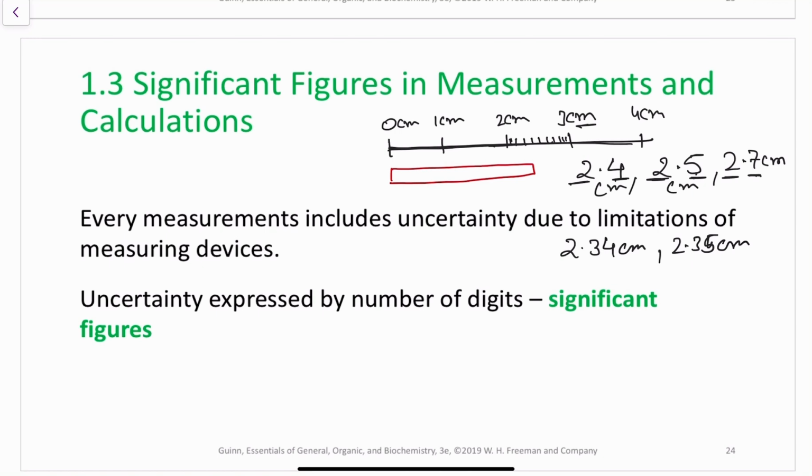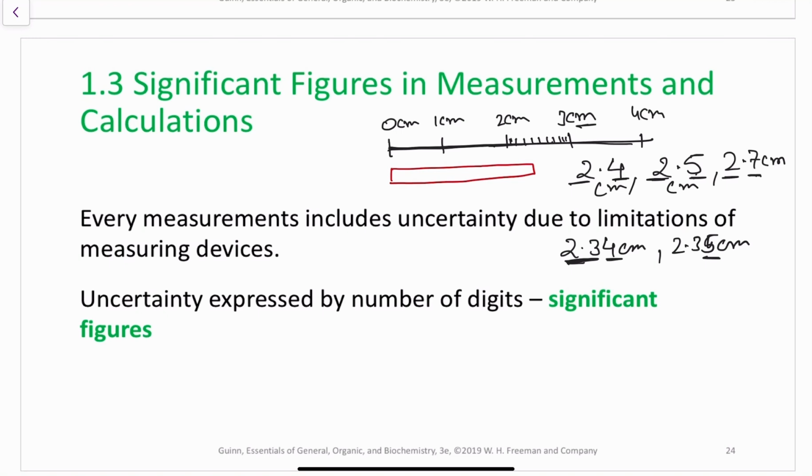Our numbers are now more precise. Now we can say for sure that this stick is 2.3 centimeter at least, but we are not sure about the 4 and 5. So depending on which measuring device we are using, we might get different numbers in the measurement.